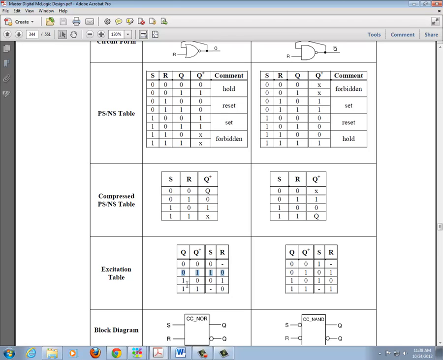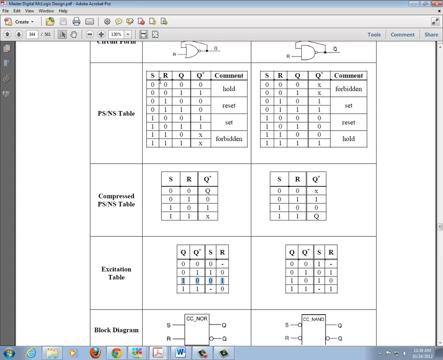Now, if we want to go from state 1 to state 0, we look again in our present state next state table, and we go from 1 to 0 when S is 0 and R is 1. That is the only case going from 1 to 0.